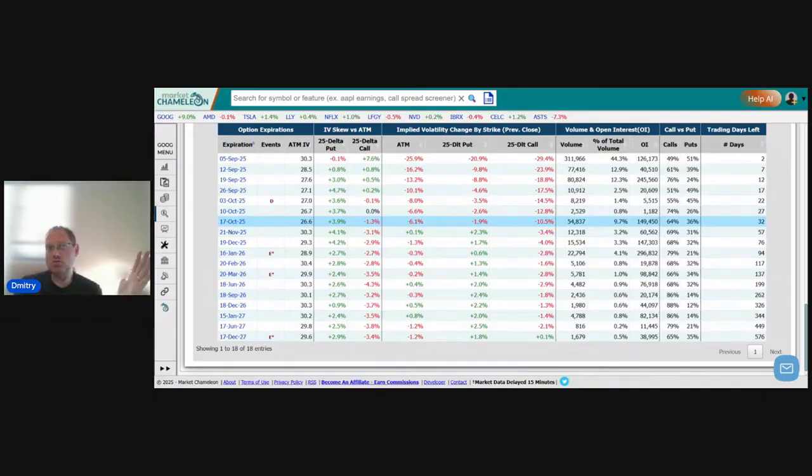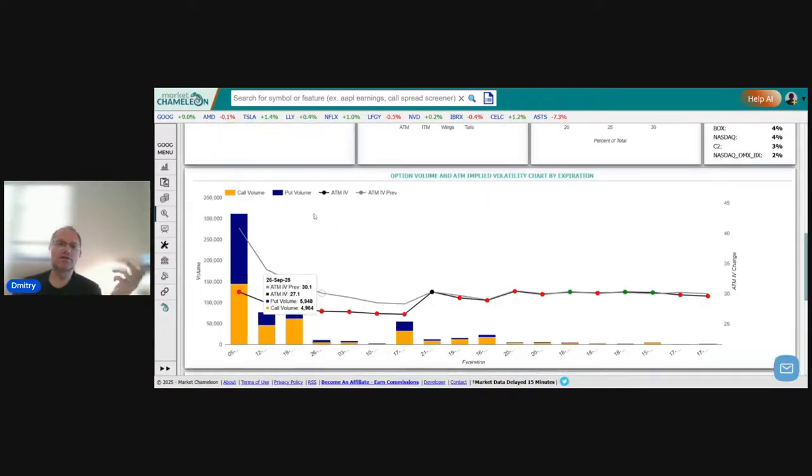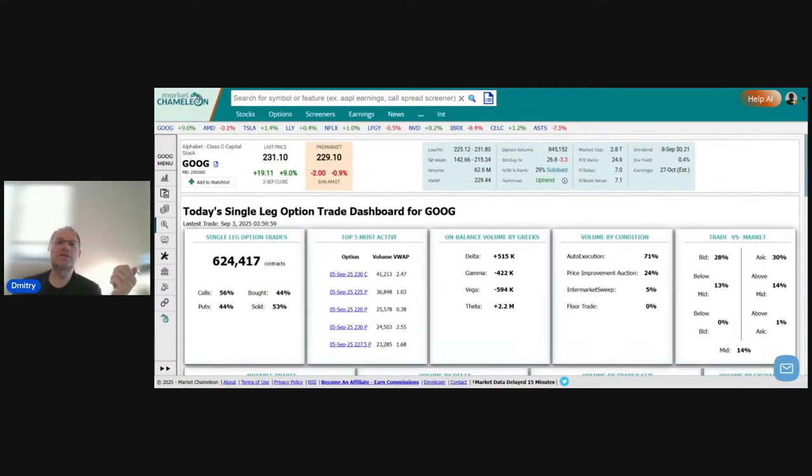However, when we look at it that way, the stock price could move and we get a new at-the-money strike, right? So when we look at, let's say Google, it was up $19 yesterday, so up 9%. So today's at-the-money strike would be around 231.10.